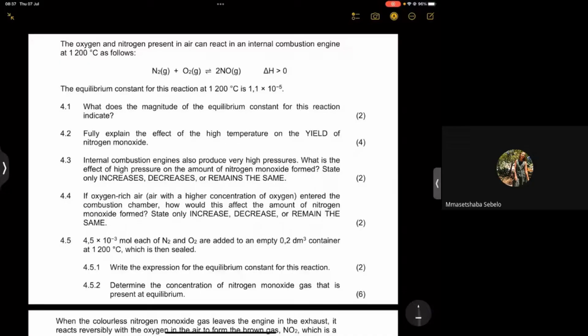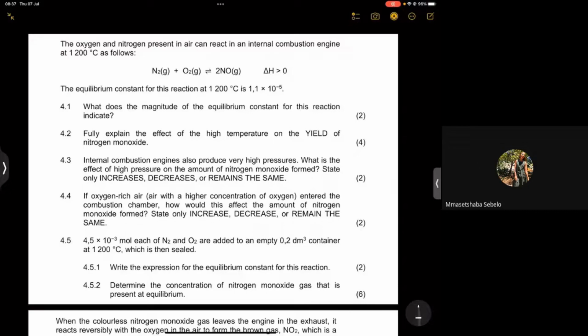Remember, ladies and gents, the moment that we are told delta H is greater than 0, I always use this Pac-Man symbol. If you think of Pac-Man in this case, with the mouth, Pac-Man is actually facing towards the left.